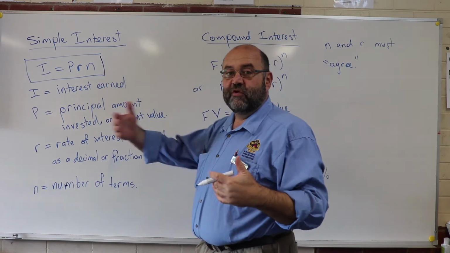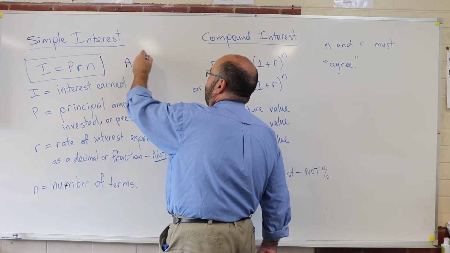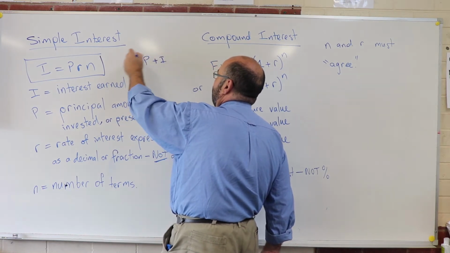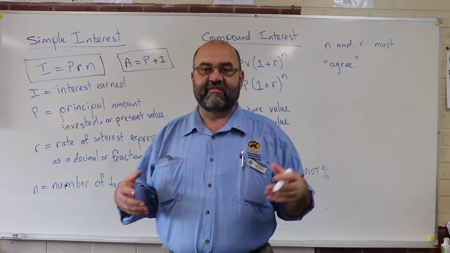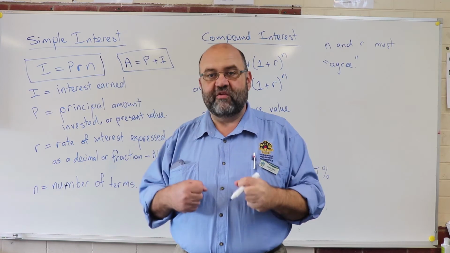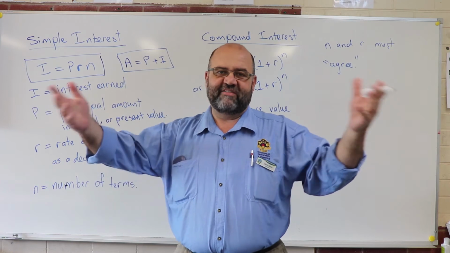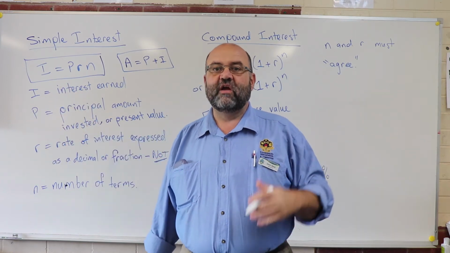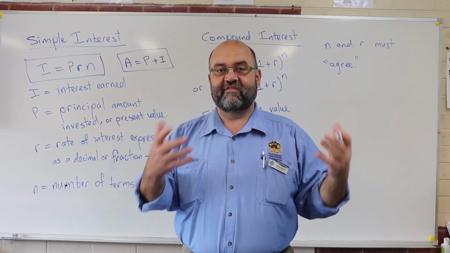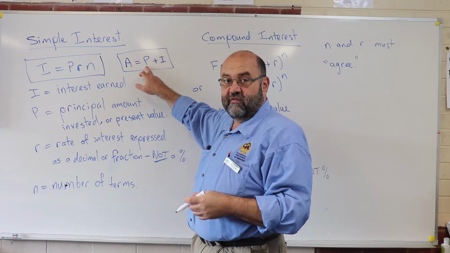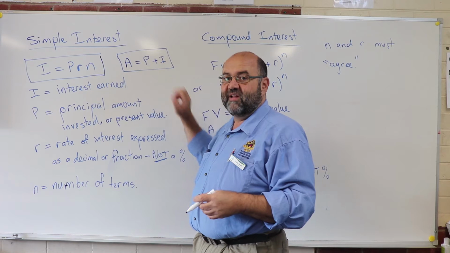If we had to work out our future value, our amount at the end, A would equal P plus I. So the amount we're worth at the end is how much we invest plus the interest that we earn. That should make sense. So if I come along and I invest $5,000 and it makes, say, $200, well then my future value of my investment is 5,000 plus 200, it's 5,200. I invested 5,000, I made 200, so my future value for simple interest is P plus I.